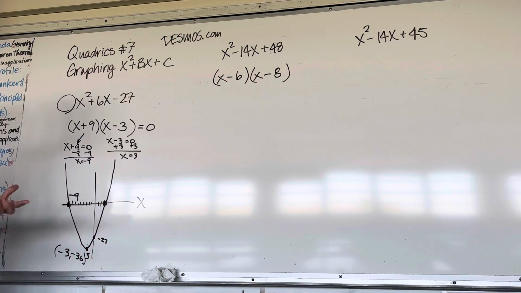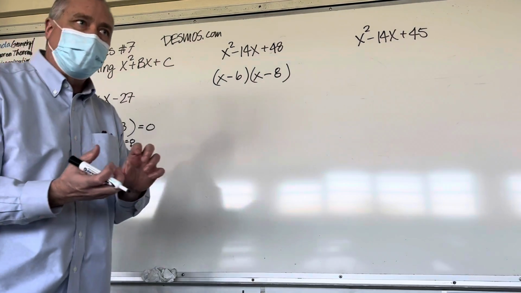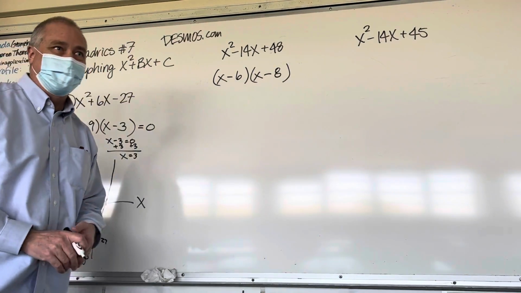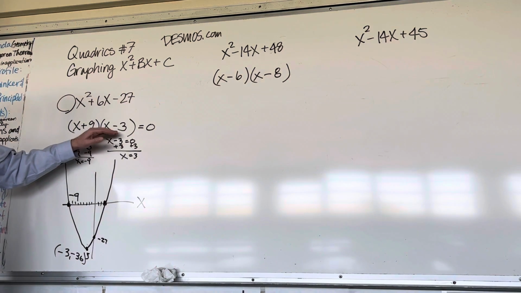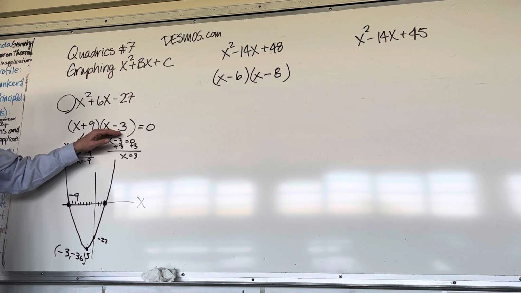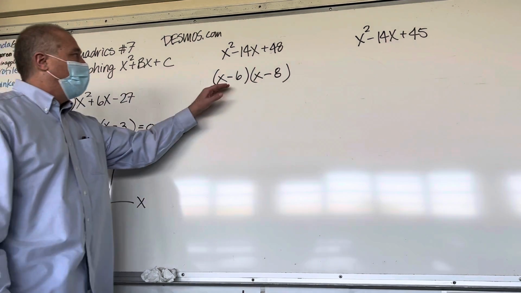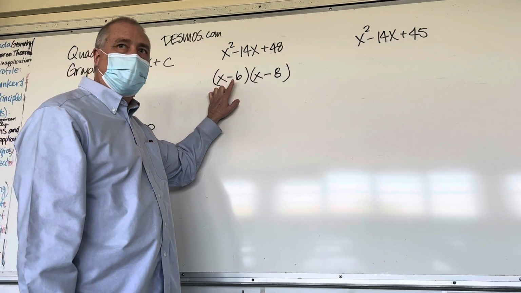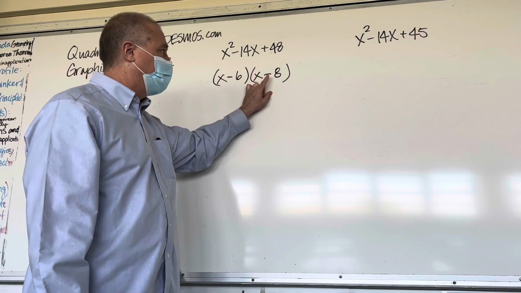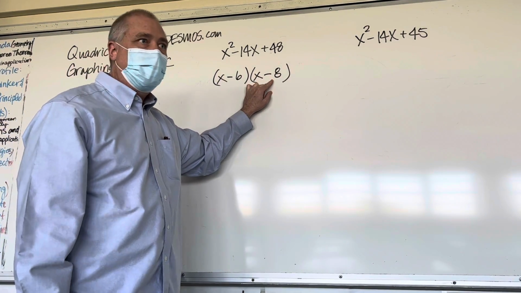Negative 9. Do you see the sign flipping? Yeah. When we moved it to the other? That's what I'm trying to go for. You guys are looking at me like, what are you trying to go for here? Okay, so x minus 3, what's one of the roots going to be? You want to say plus 3. X is going to cross at plus 3, right? What's one of the roots? Plus 6. What's another one? Plus 8.